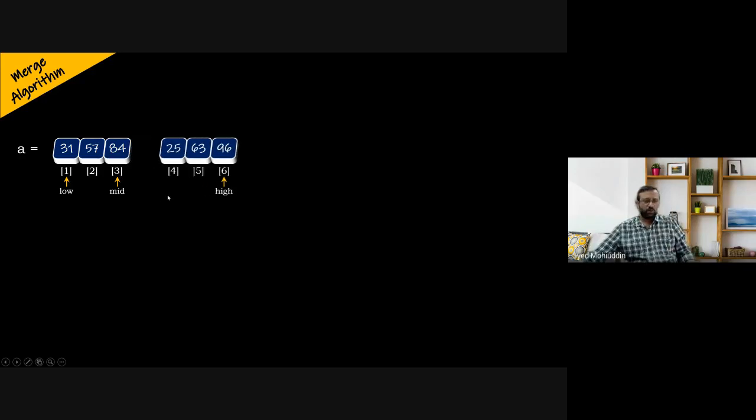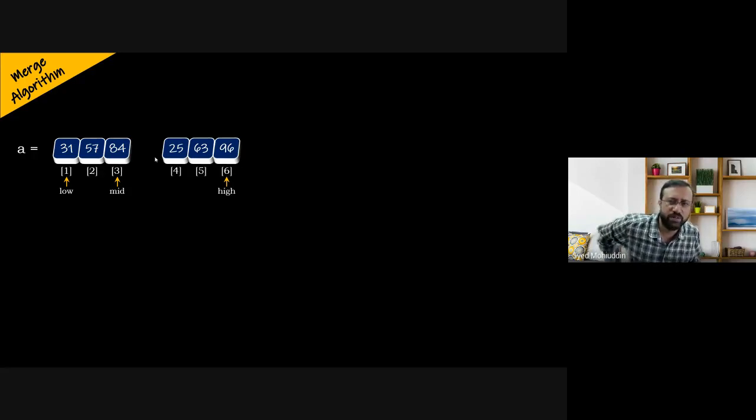For our convenience, the elements are in sequential order; there are no two different arrays. But let us physically have a separation between these two.